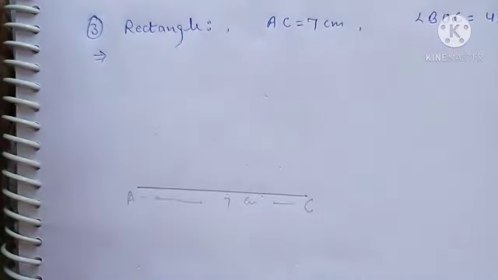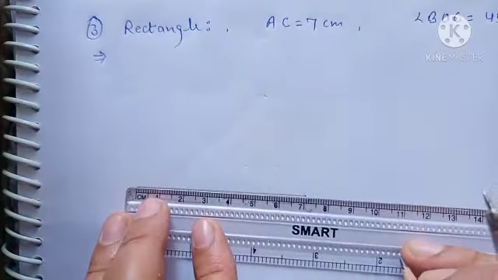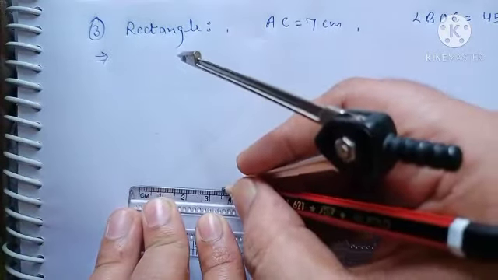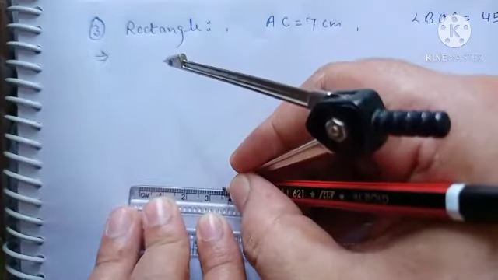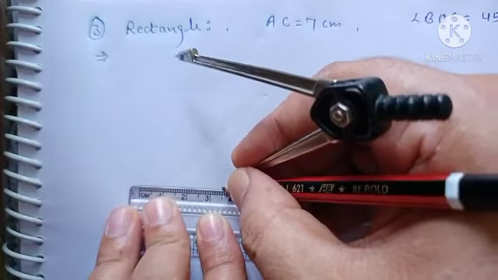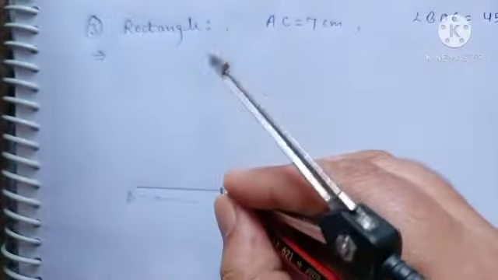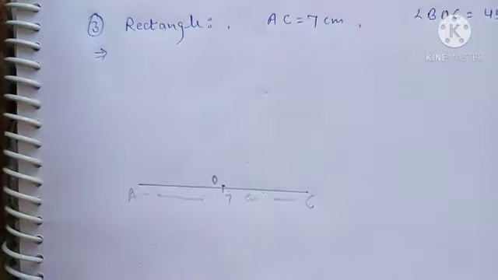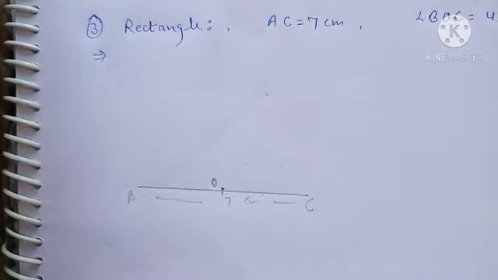Now midpoint is O, so we have to cut off this line segment at midpoint O. It is the midpoint O. Okay, now what we have to do, angle BOC is 45 degree.